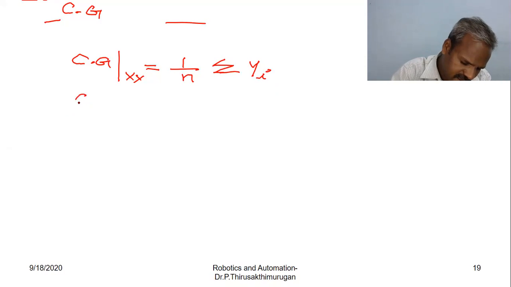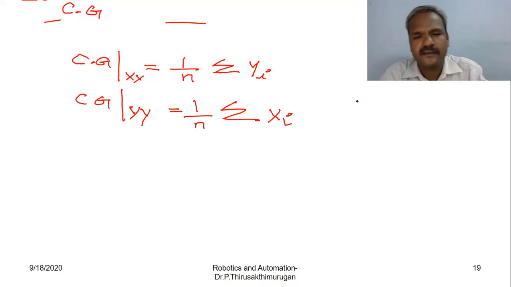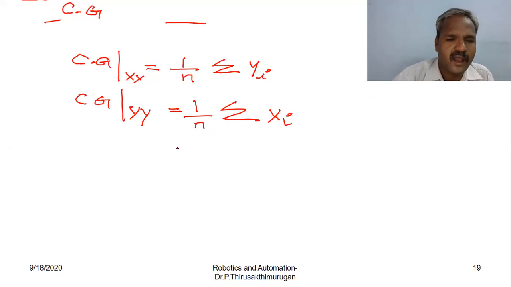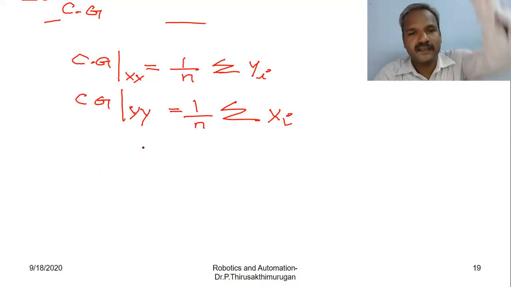Center of gravity about y axis equals 1 by n, n is area, xi. So we have to find the center of gravity of individual pixels with the reference frame.